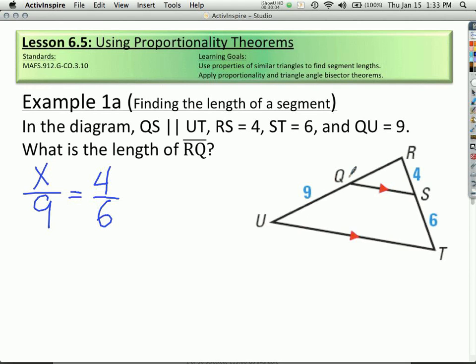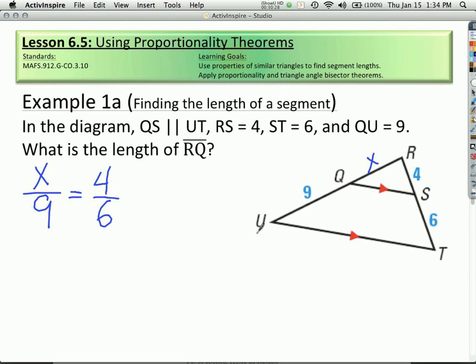So you're calling the distance here x? Yeah. And you said that's because of which theorem? Triangle proportionality. Okay, so we have parallel lines, and this is a triangle. And so we end up with a relationship. This distance to this distance will equal that distance to that distance. So of course he's right.